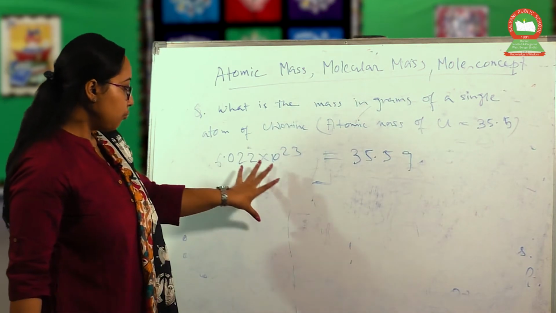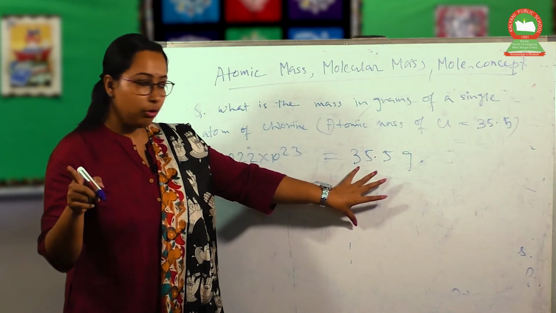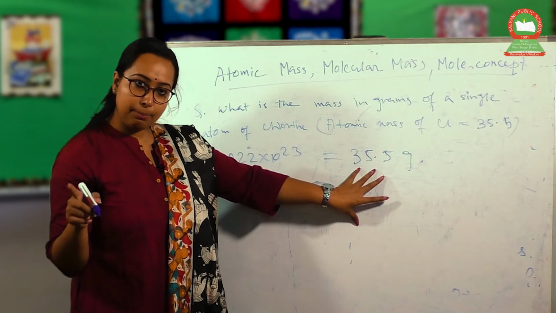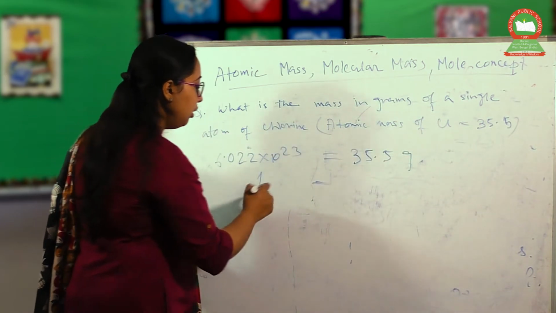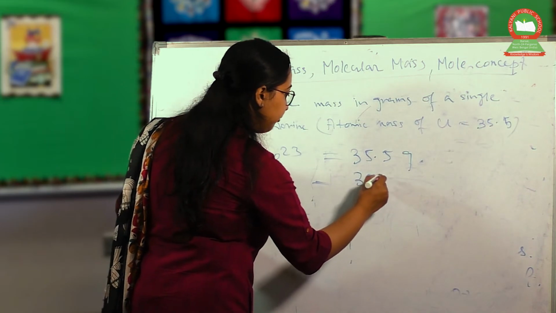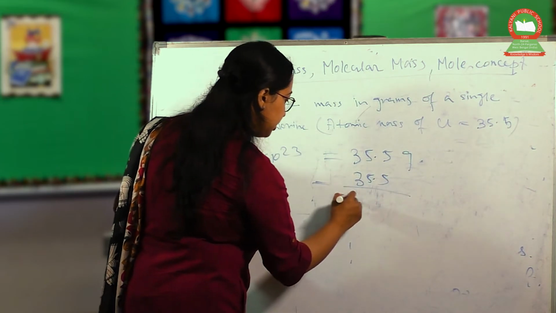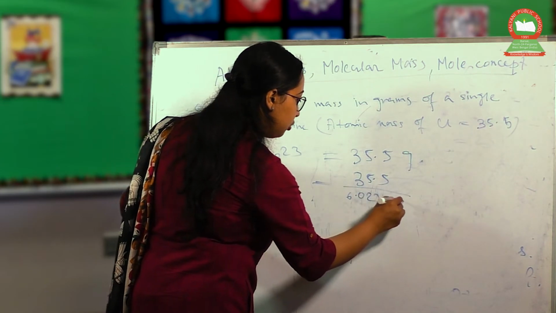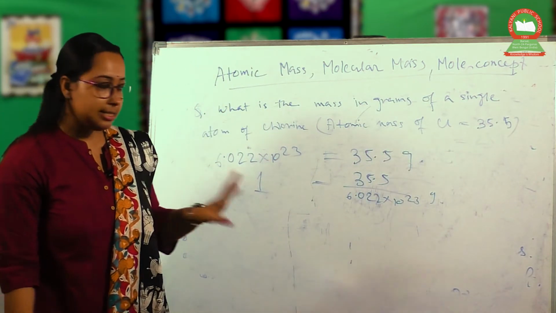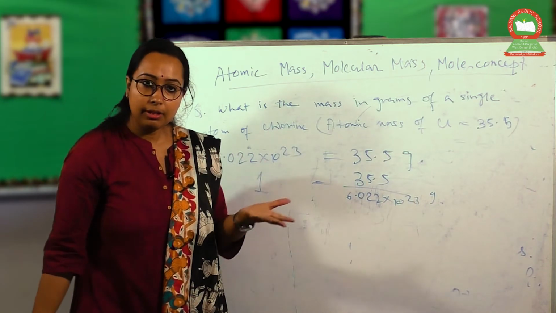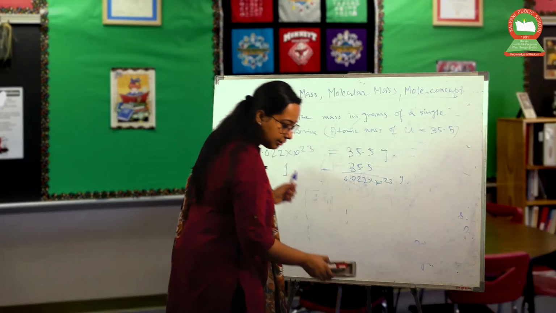So 6.022 × 10^23 atoms make 1 mole of chlorine, right? That means 35.5 gram, because the atomic mass of chlorine is this. So we have to calculate 35.5 divided by 6.022 × 10^23 gram, and one atom has this amount of mass, right? So this is the thing.